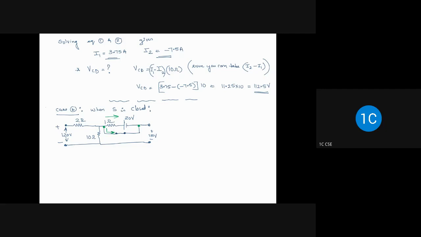So current is max in the downward path. On the other hand, in the upper path, the current is zero. That's because the current always prefers the least resistance path, and the least resistance path is this downward path. So I will write this as least resistance path.